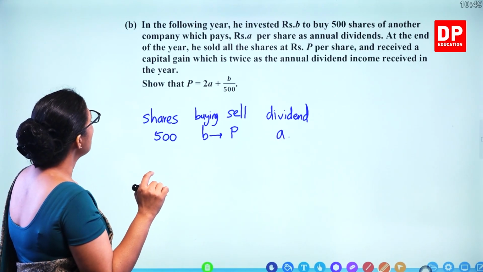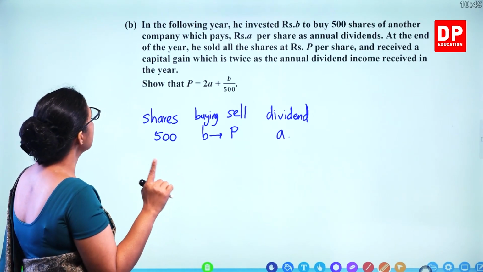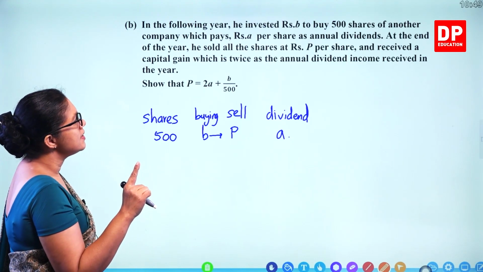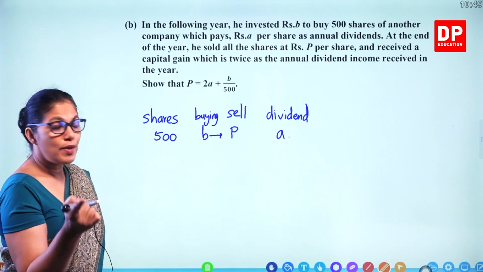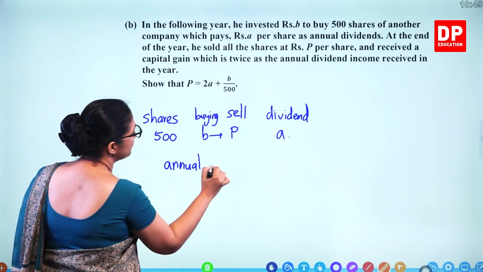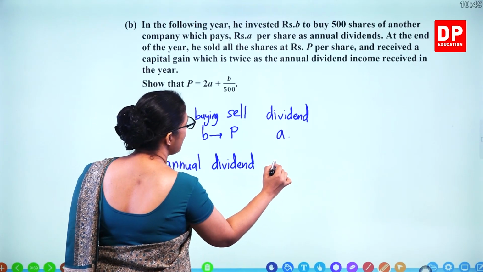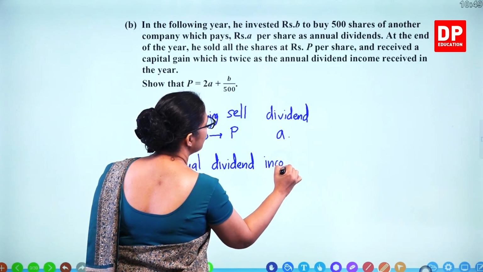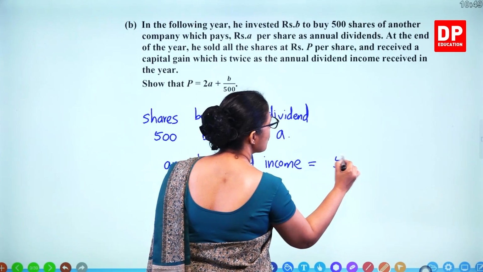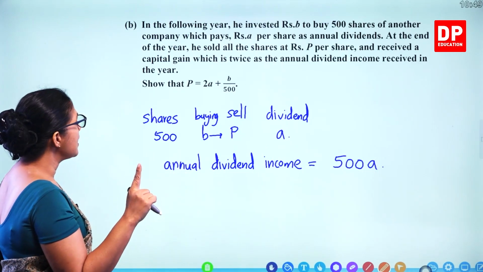And at the end of the year, he sold all the shares at P per share and received the capital gain, which is twice as the annual dividend income. So we can find out the annual dividend income. That's A rupees per share and 500 shares. So 500 A. That's annual dividend income.